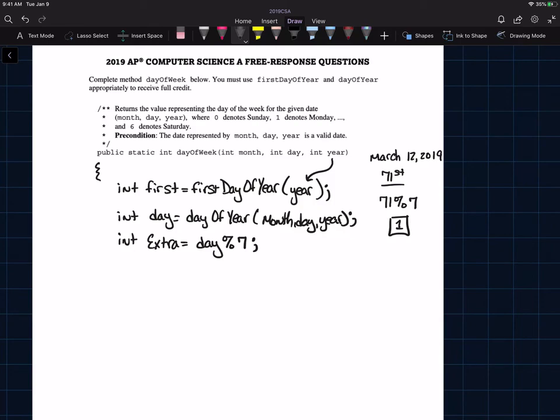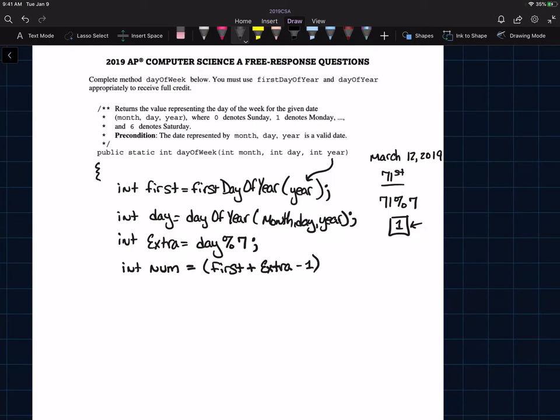And then finally, here's the last part. Int num: all I do is take the first day of the year, add the extra day, and because the first day of the year is actually day 0, we need to subtract out 1.